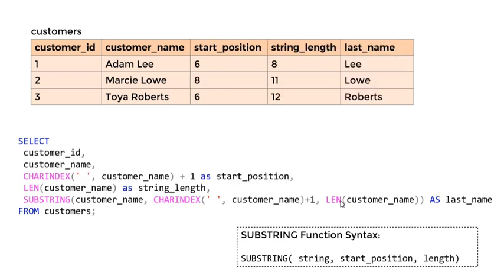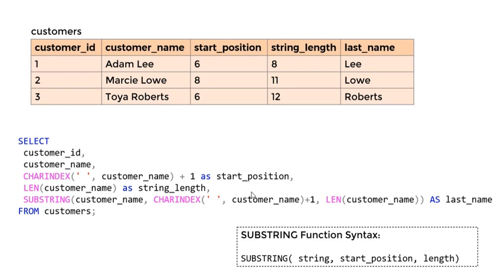Here, CHARINDEX of space in customer name plus 1 is the starting position, and LEN of customer name is the string length.